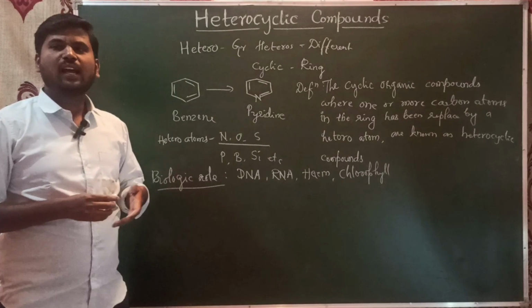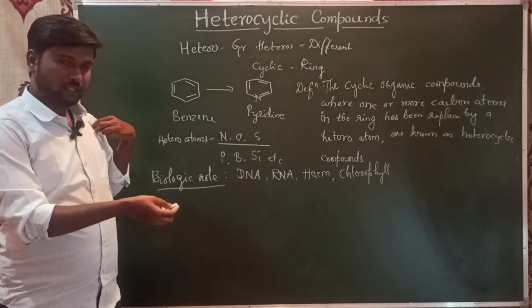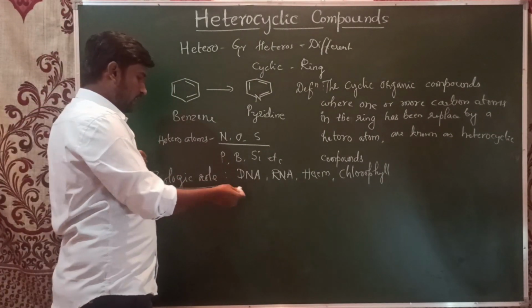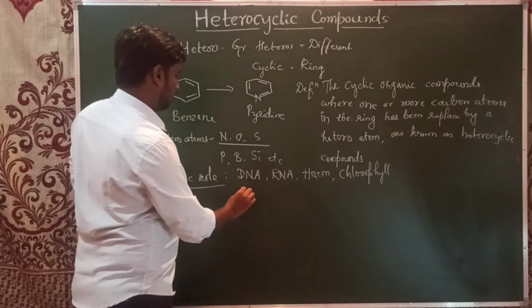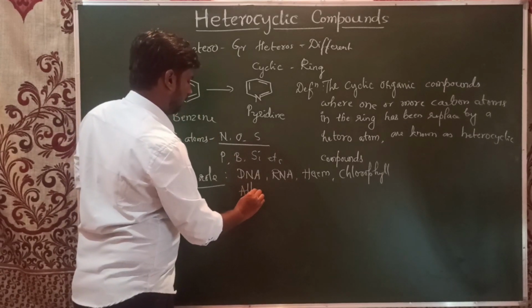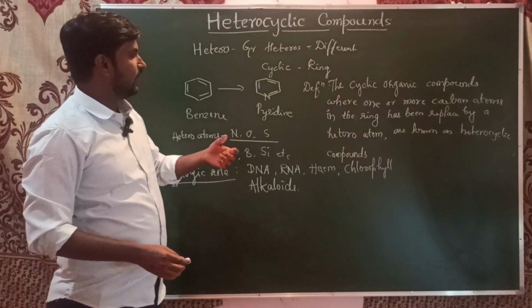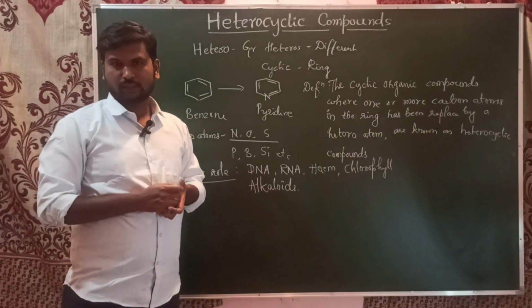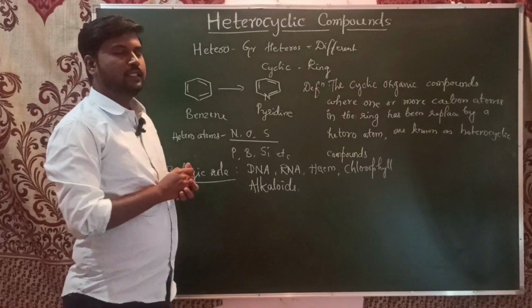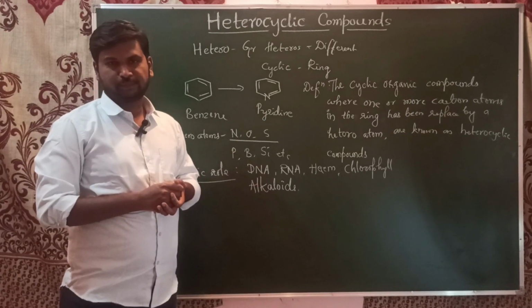These are also in a very important chapter that we are going to study in the next chapter, that is alkaloids, which is usually there for final year students. We can see the heterocyclic compounds there. That's why we should study these compounds in detail.